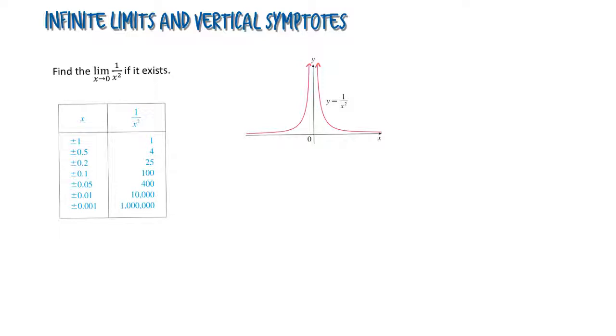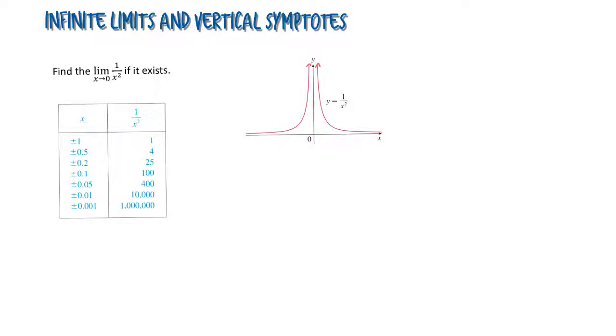You notice the same idea: the y values of the function are getting larger and larger. Look at this, 10,000, a million, and that's just stopping there. The trend would continue if we keep choosing x values closer and closer to 0.